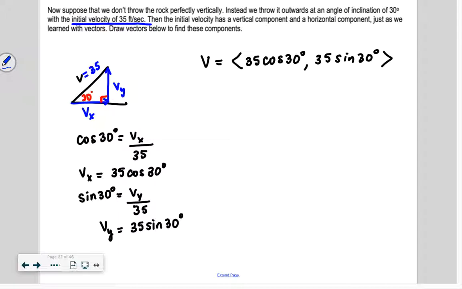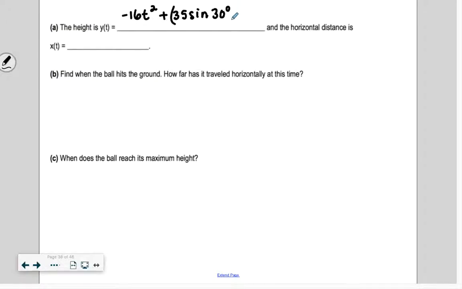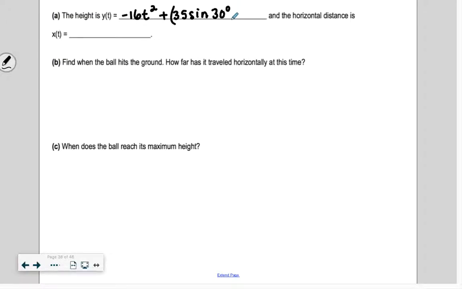So our initial velocity in our y equation isn't just 35, right? So we're going to start out with our negative 16t squared from the gravity, right? One half gravity times t squared. And instead of having initial velocity of 35, we're going to have 35 times the sine of 30. That's our number, right? Times t plus our initial height.